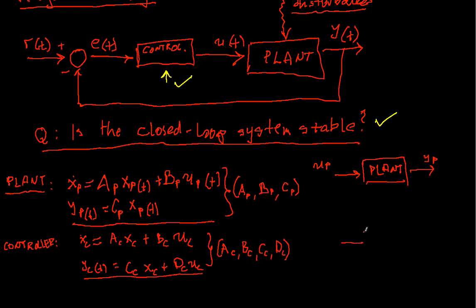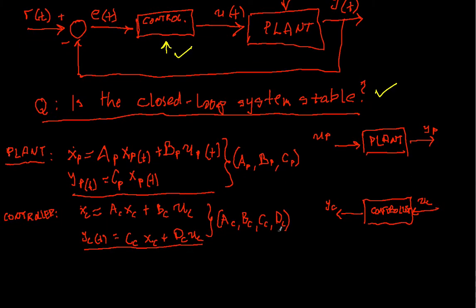In other words, if we look in the input-output system representation, our controller has as input UC, and the output is Y of C. And one can now interconnect plant and the controller, and structure the interconnection between a plant and controller in the same way as it is done here in this classical formulation that I'm going to denote here.